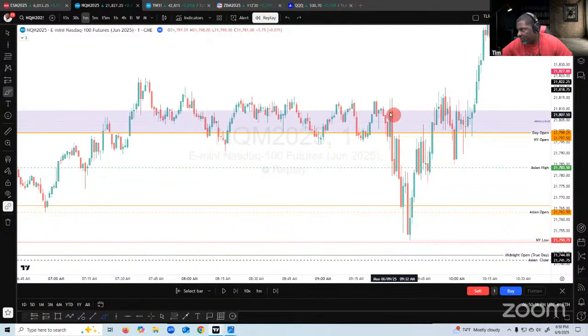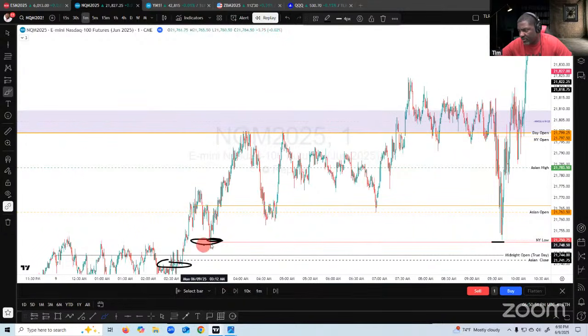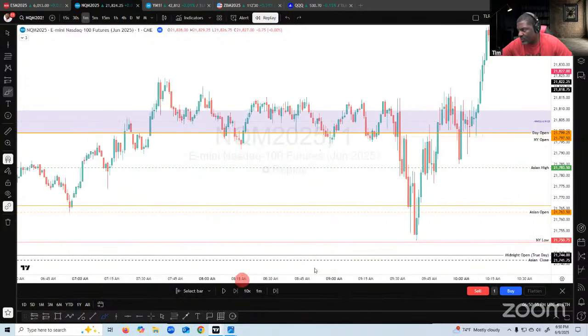At the 9:30 open, we stop consolidating in there and we drop down, trading down below the Asian open, right? But did and made relative equal lows with the London low, right? Made relative equal lows with the London low, then turned around and that was on the 939 candle.